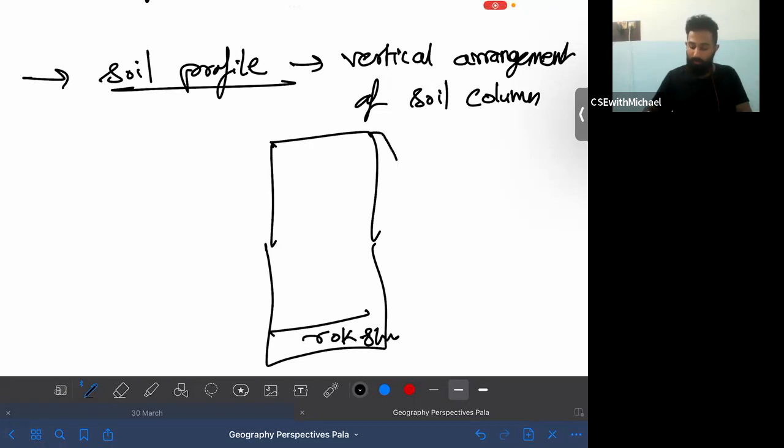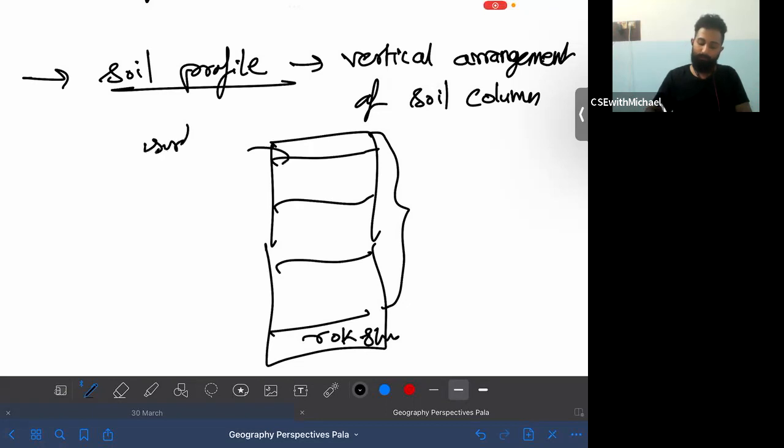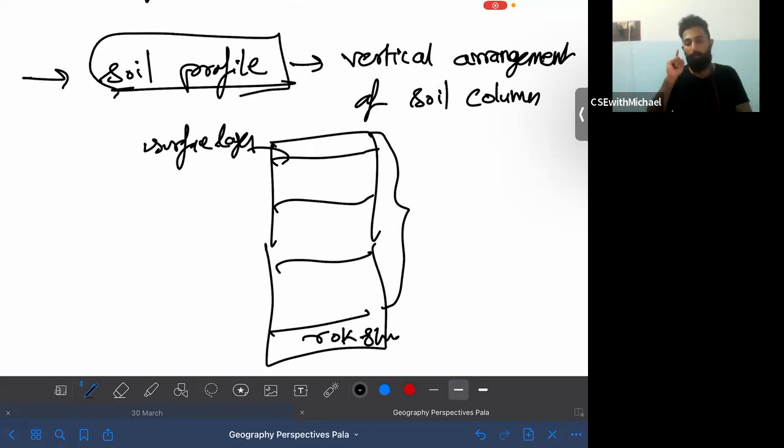And in between these regions, how soil is arranged. There will be one layer, there will be a second layer, there will be a third layer. So this is how soil is arranged between. This is the surface layer, the O layer, and beneath that there are different layers. How these layers are arranged, that is what soil profile is.